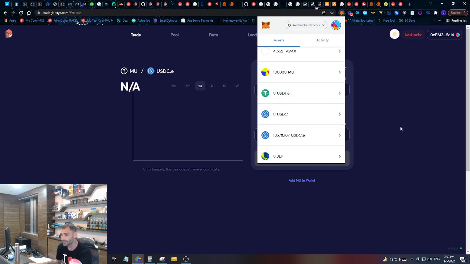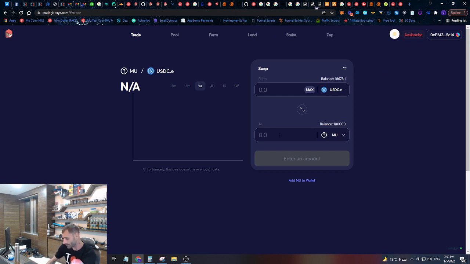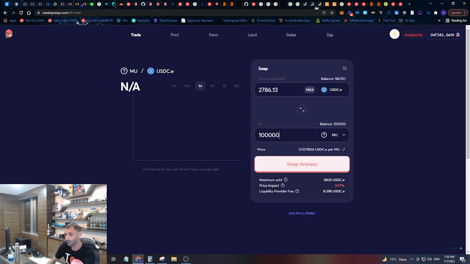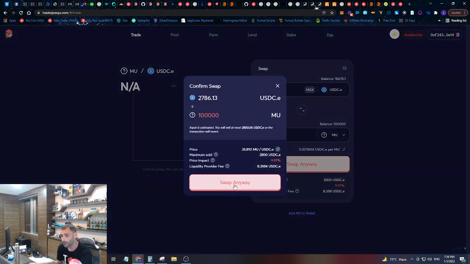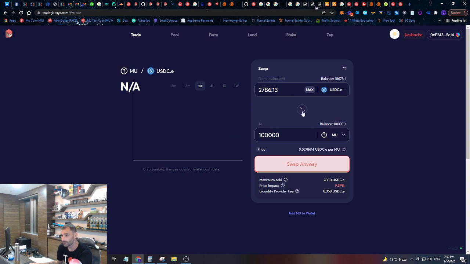I have less USDC.e, and I need to buy some more Mu coin for the treasury. So now you can see my price is a little bit different than it was before. Let's go in and make the swap again. You can see my price has actually changed a lot, by like $600. All right, so now I'm going to go in and swap.